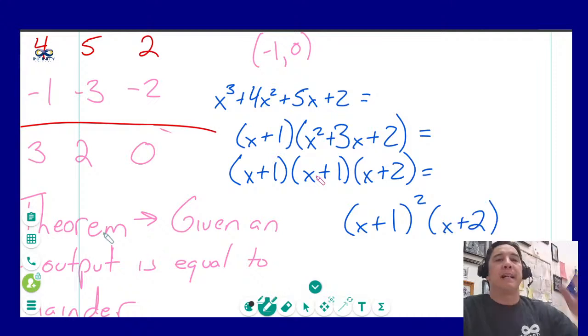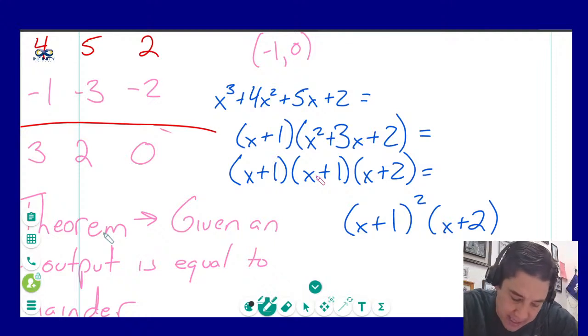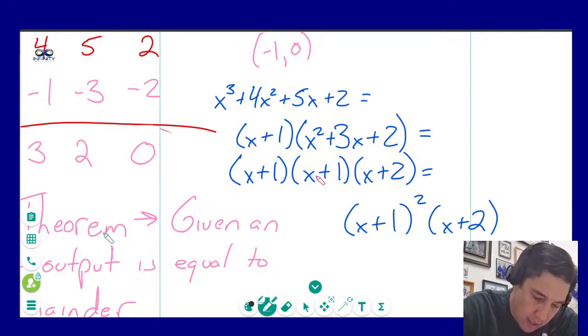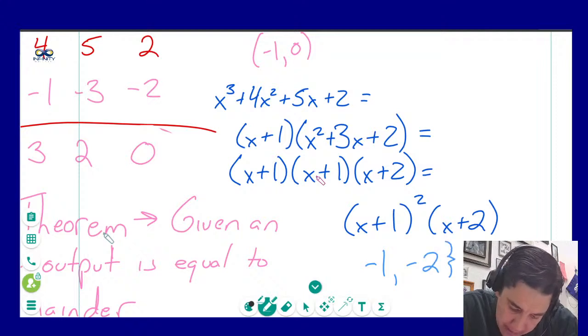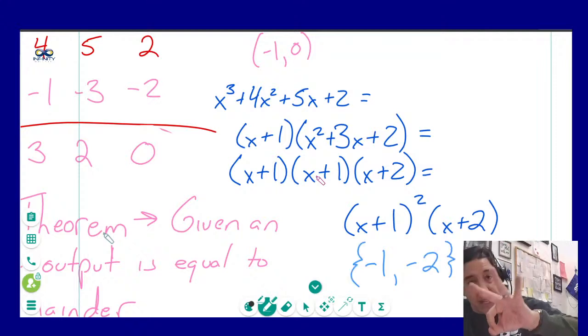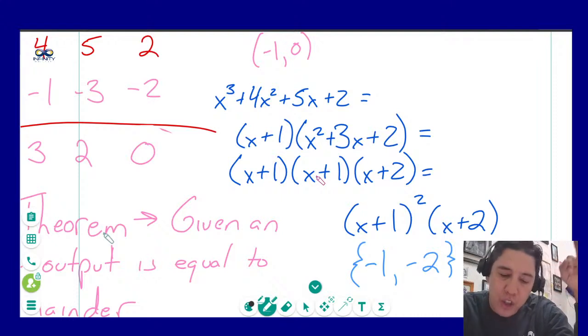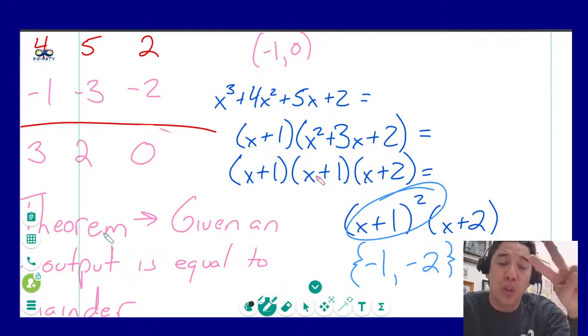And that gets me to my final lesson on graphing these polynomials. You could see that my roots are -1 and -2. But Mr. Brew, you told me that we would have 3 roots. We do have 3 roots. -1 actually happens 2 times.